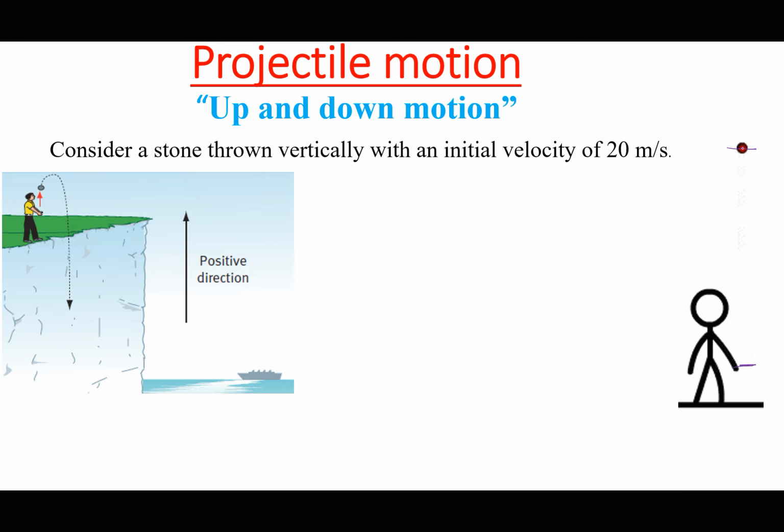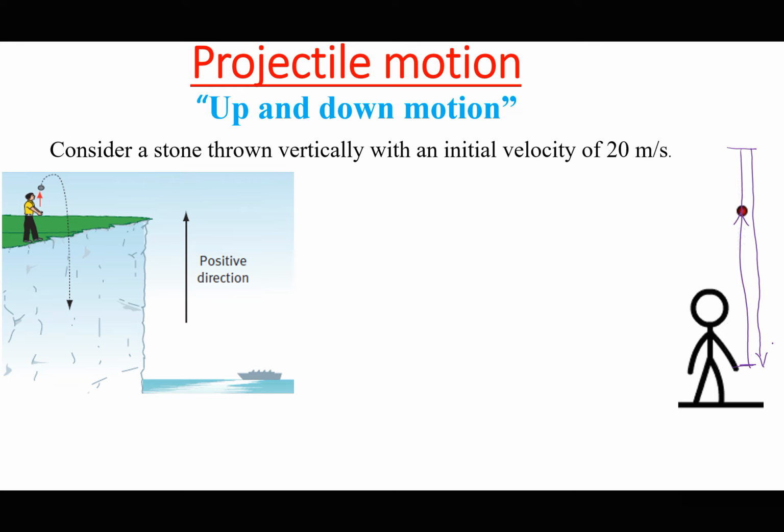The stone moves to that position in that direction upwards, and then it returns vertically downwards along the same path. So to understand projectiles, we are going to first consider a motion in 1 dimension, that is vertically upwards.